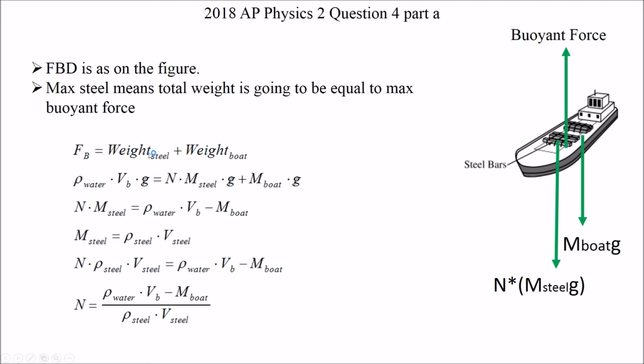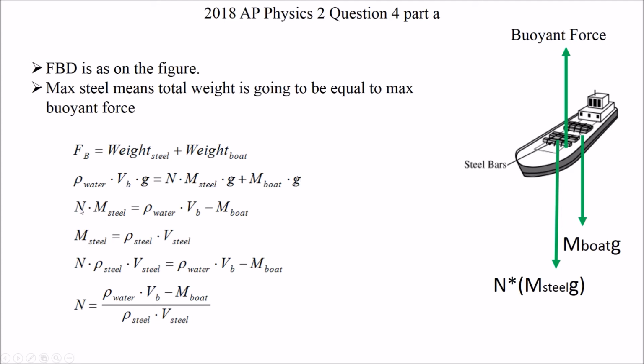So let's write everything in terms of the given variables. The buoyant force is the density of the liquid times the displaced volume, which is VB, times gravity, and that equals the weight of the steels, which is the number of steels times the mass of the steel times G, plus the mass of the boat times G. Since you have G everywhere, they cancel out.